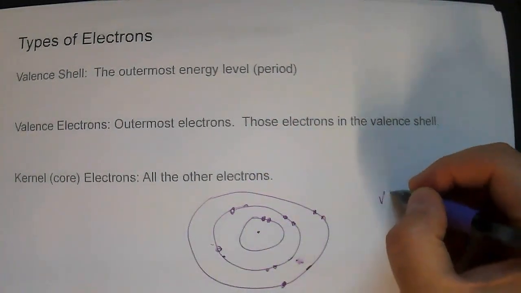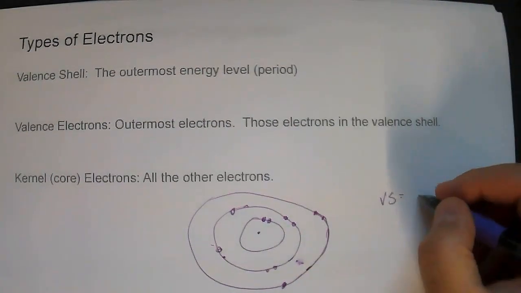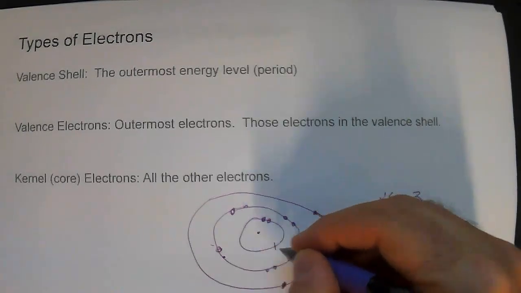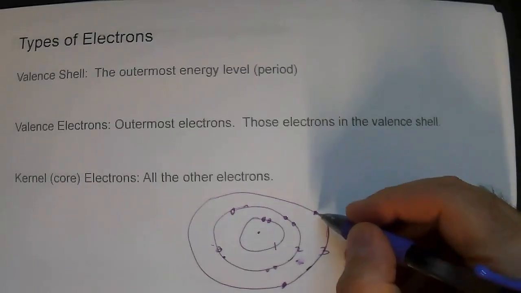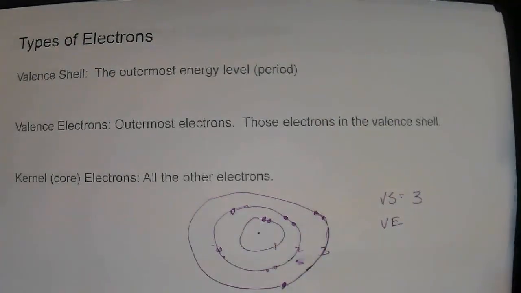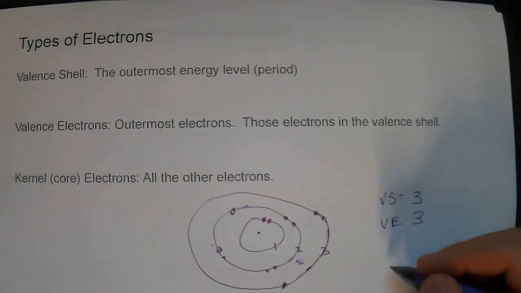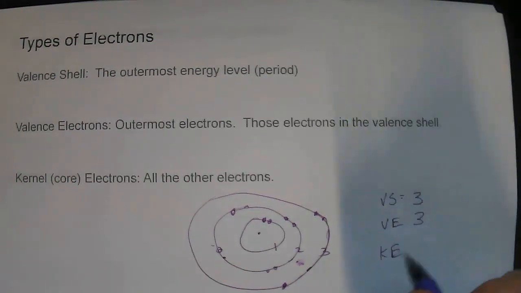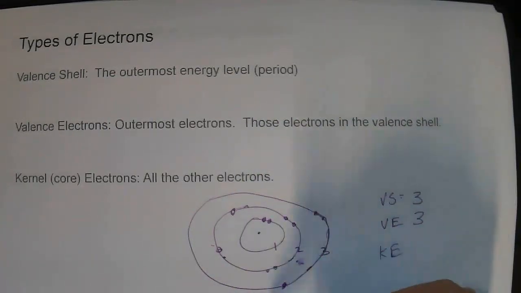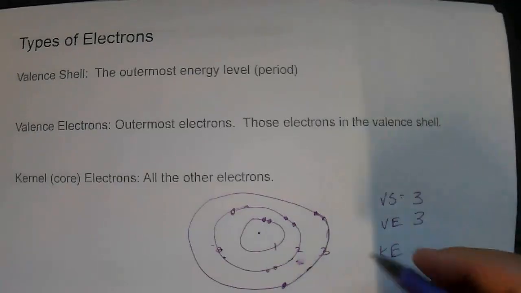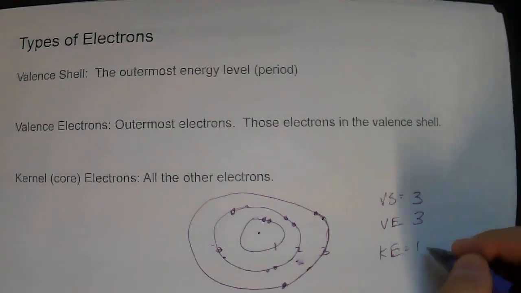In this case, the valence shell is 3. The number of valence electrons is how many electrons are in the valence shell, which in this case is also 3. And the number of kernel electrons is the core electrons, the number of electrons that aren't in the valence. So in this case, it's 2, 4, 6, 8, 10.